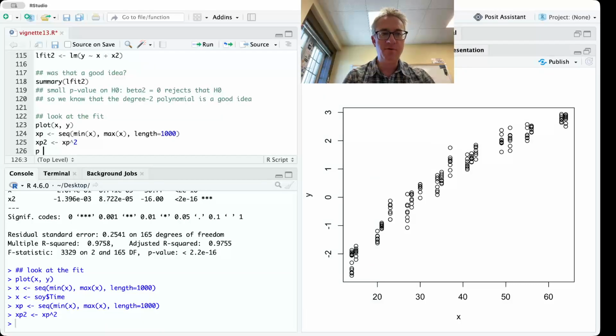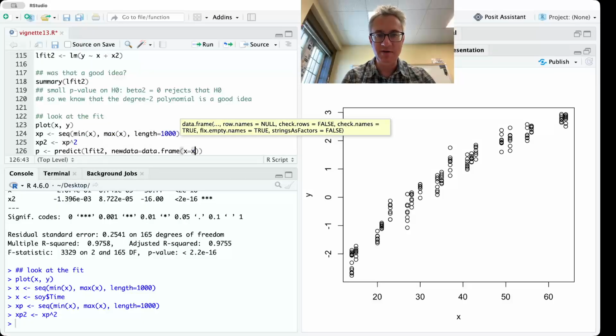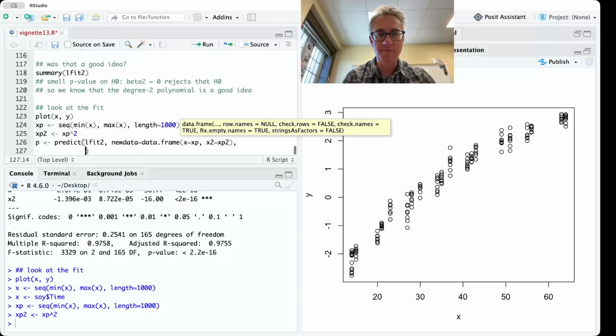And then I can predict using lfit2, newdata equals data frame. I'll give it the x's, but I'll also give it the x2s. So those are the locations I want to predict at.